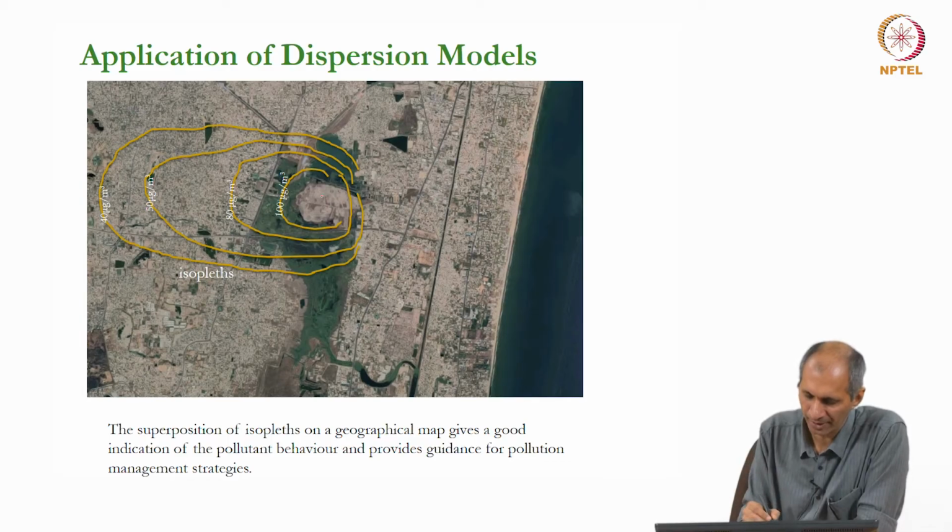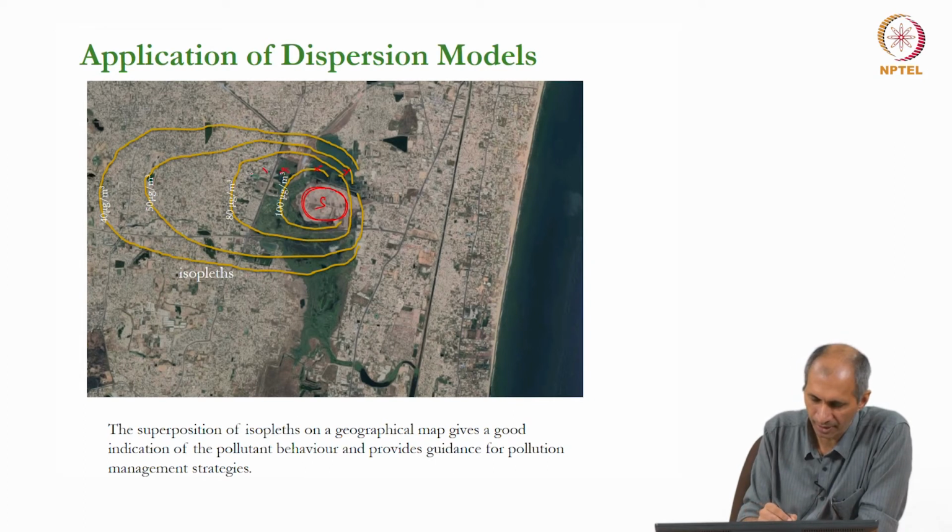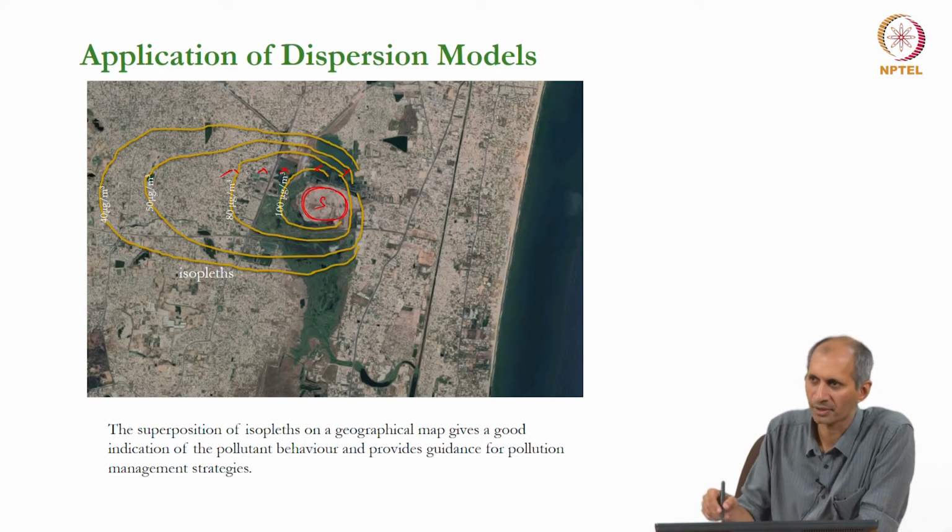For example, this is a map of Chennai and this is a garbage dump in South Chennai. This is a source; I am assuming this is my one source. I measure a large set of coordinates all around this, and I am assuming that the wind is coming from this direction.